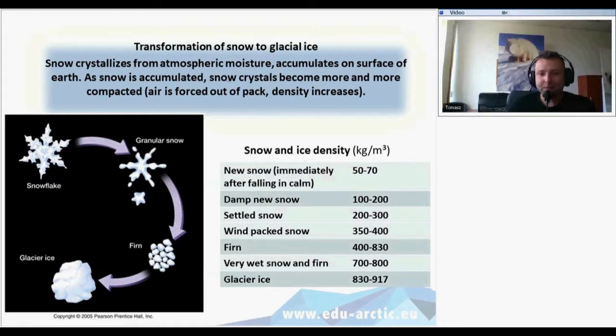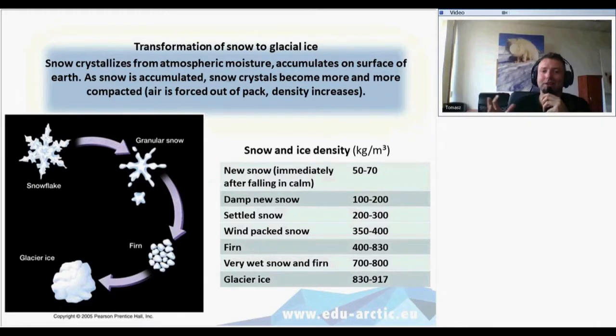And in this table, you can see the density of snow and ice, the density in a given volume. For fresh snow, it's around 100 kilograms per cubic meter. In the case of settled snow or wind-packed snow, the density is higher, up to 400 kilograms per cubic meter. In the case of firn, it's between 400 and 800 kilograms per cubic meter, and glacier ice is almost as dense as water.